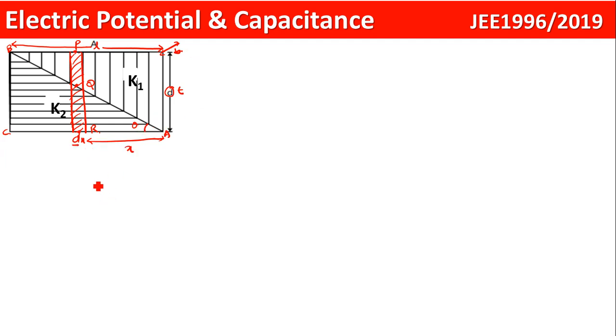Next, if I find tan theta from the triangle QRA, this angle is theta, so tan theta is equal to the opposite side QR divided by this length, which is nothing but x, so QR by x.